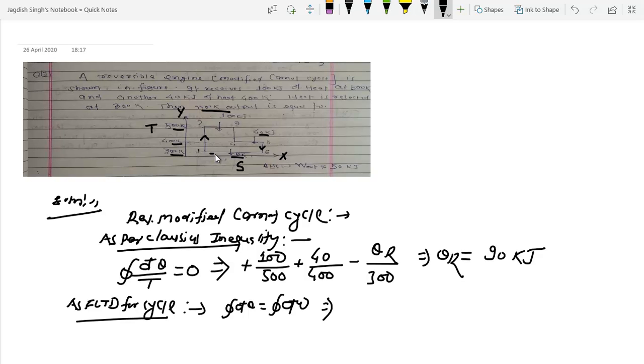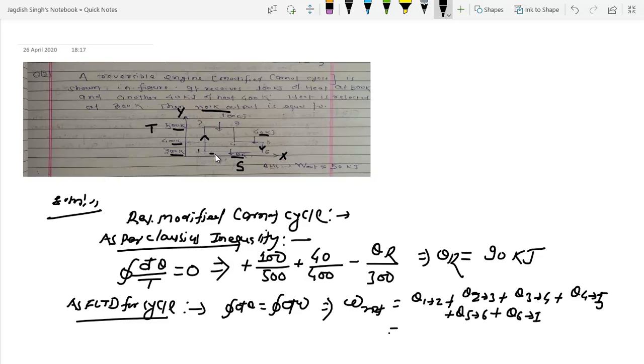This implies W net is equal to Q1-2, the net heat addition in all processes, plus Q2-3, plus Q3-4, plus Q4-5, plus Q5-6, plus Q6-1.